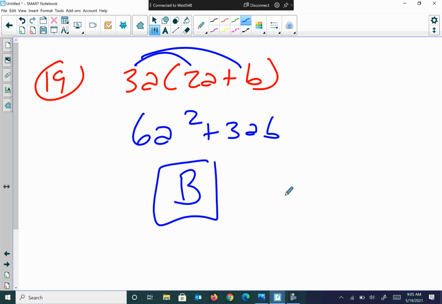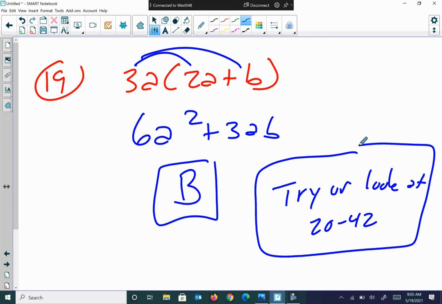I would say try or look at problems 20 through 42. And again, my friends, I'm not checking these off for points. I'm just saying bring this back each day because, one, Sarah let the cat out of the bag. You get to use this on the final.